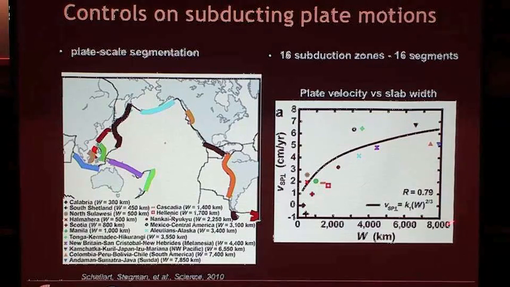So this means that the widest plates are the ones that are moving the fastest. And you see there's this upper limit of about 7 centimeters a year. There's not that many plates moving faster than 7 centimeters a year, and that's our estimate of how fast a slab would sink in the upper mantle. So that's a consistent story.